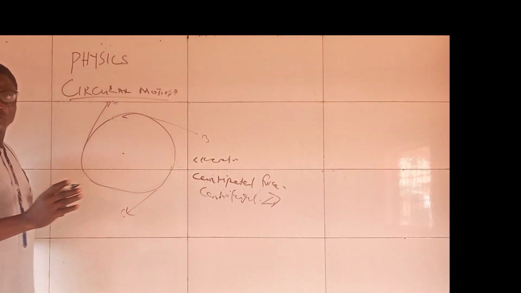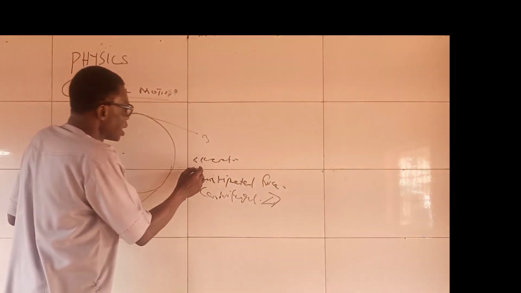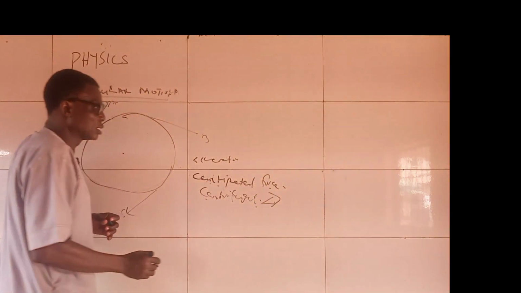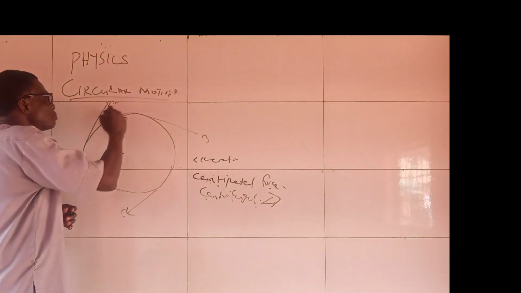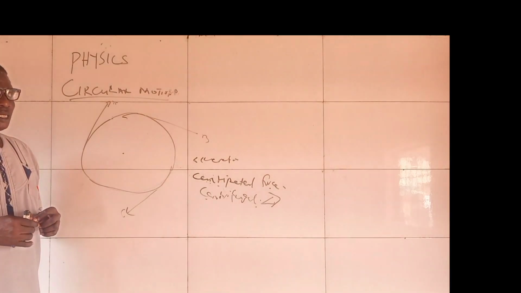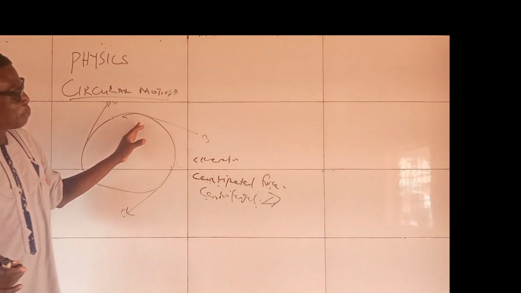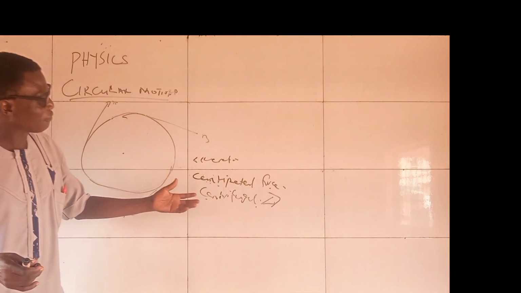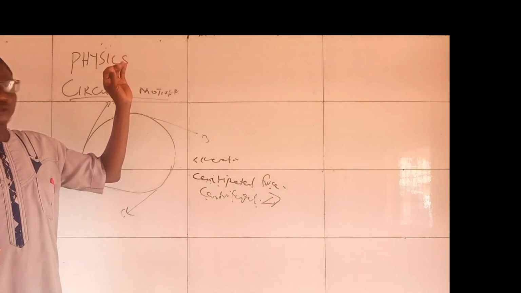Now, as a result of centripetal force and centrifugal force, the object is able to maintain its distance. The centripetal force is pushing it inward. The centrifugal force is pushing the object outward.